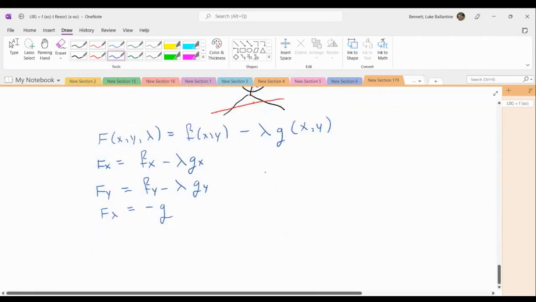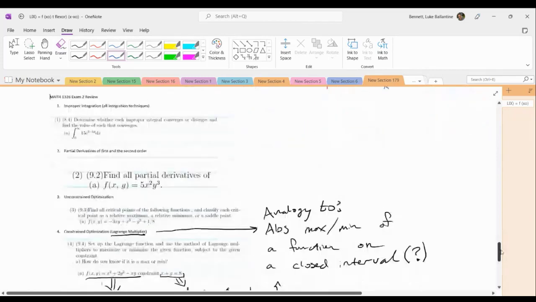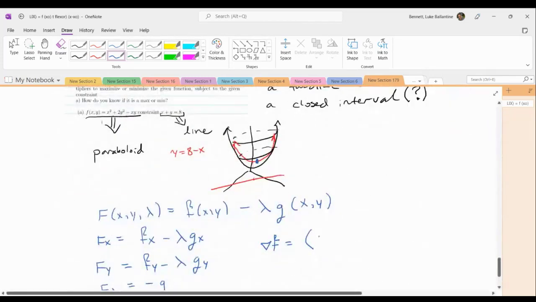So first, we can just take the gradient of f. That's partial f, partial x: 2x minus y. Partial f, partial y: 4y minus x.